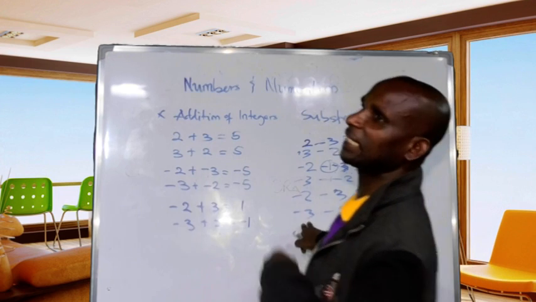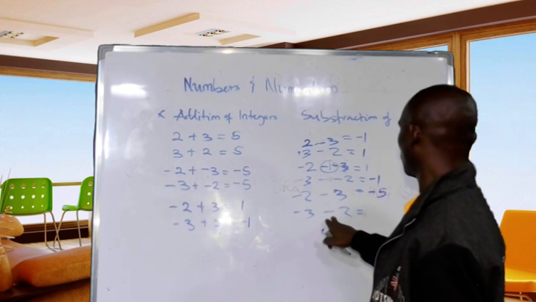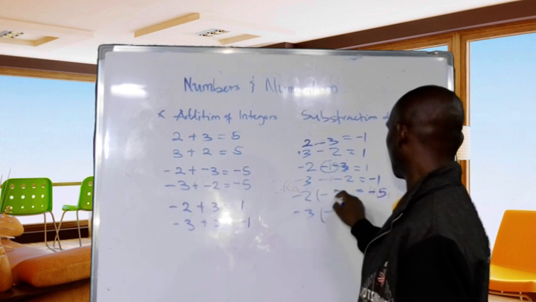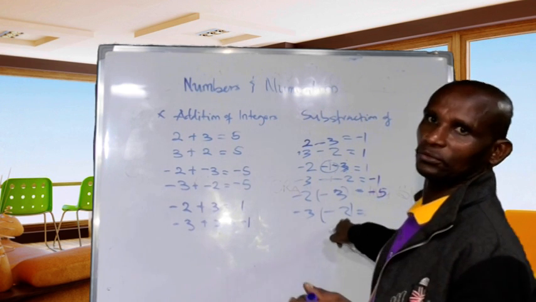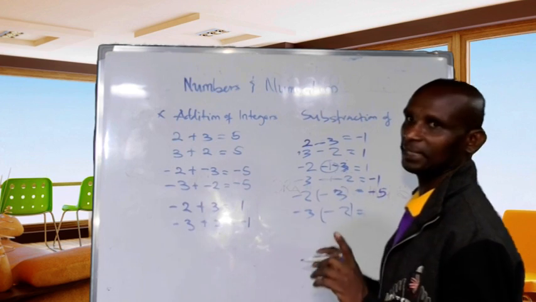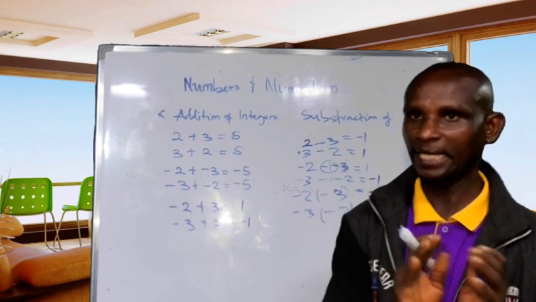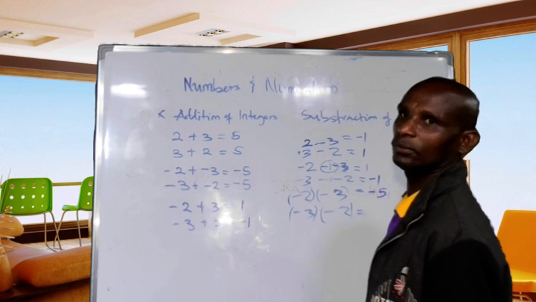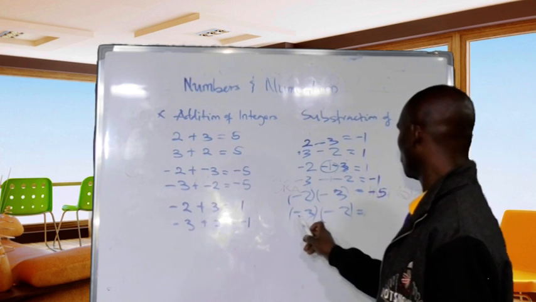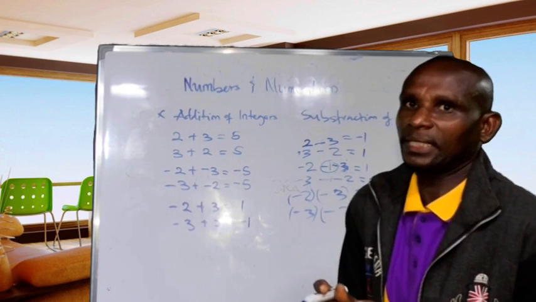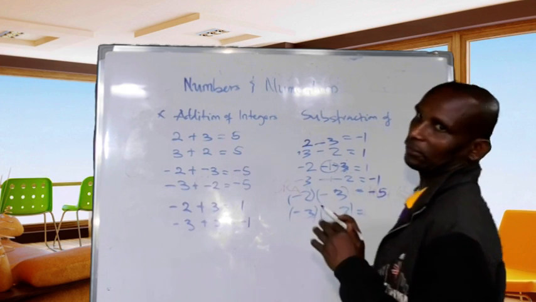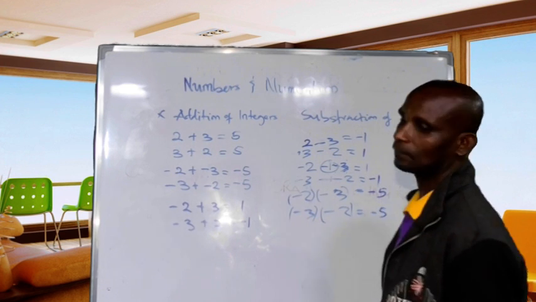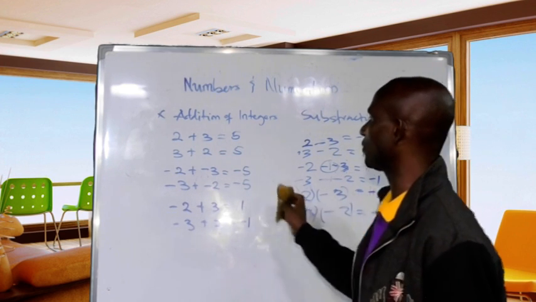This is a big negative minus positive. But since this is a term and this is a term, this becomes a minus 2. This becomes a minus 3 because they are term by term. This is also a term on its own. So this one denotes a single term minus 3 and this becomes a minus 2. So what do you have here? You have minus 5.